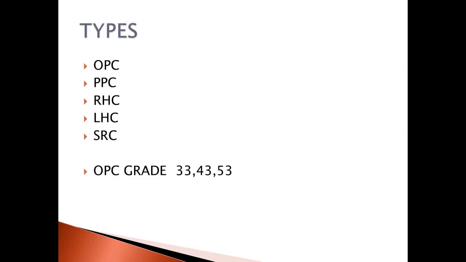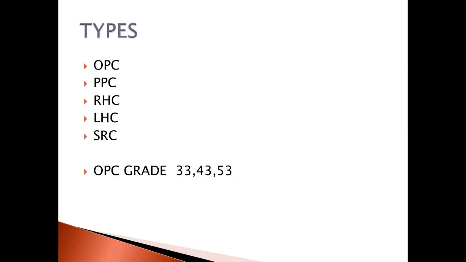So now we will see what are the types of cement available. The types of cements available are mainly five types. One is known as OPC, that is ordinary Portland cement. Another one is PPC, Portland Pozzolana cement. RHC, rapid hardening cement. LHC, low heat cement. SRC, sulfate resistant cement.